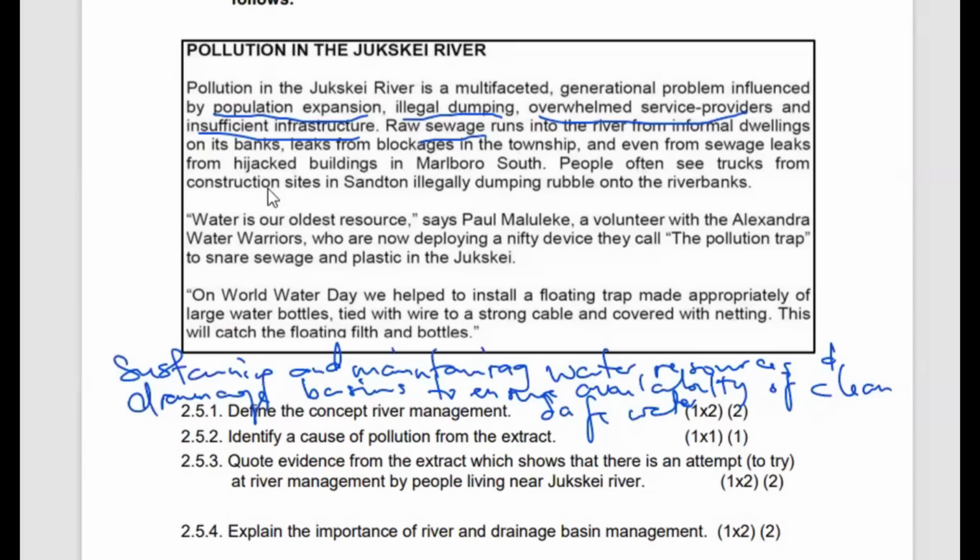People often see trucks from construction sites in Sandton illegally dumping rubble on the river banks. Water is our oldest resource, says Paul Maluleke, a volunteer with Alexandra Water Warriors, who are now deploying a nifty device they call the pollution trap to snare sewage and plastic in the Jukskei. So this one here is an attempt.